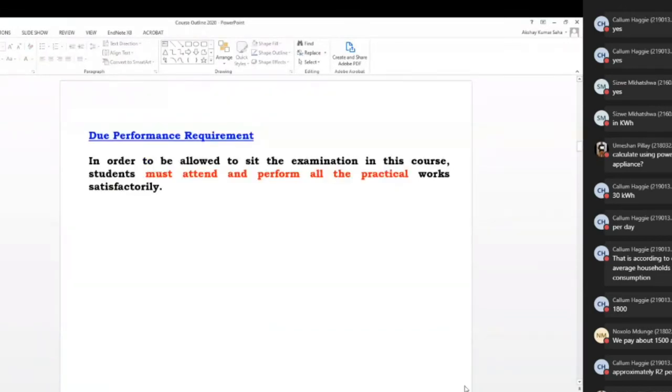And this DUP requirement is somehow complicated these days. But you must do all the practicals, because that is very important in terms of power systems operation. Maybe simulation is still okay because of the situation, but you must do that because it is one of the greatest opportunities to learn something.